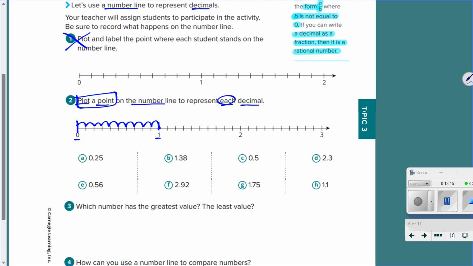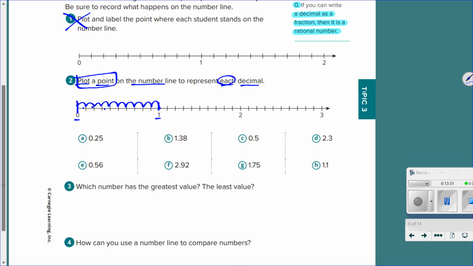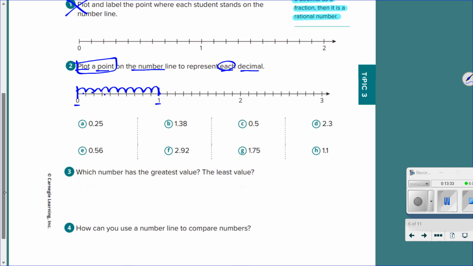You did loops the first time. Last time I just counted 1, 2, 3, so it's a lot quicker. But Miss McShann was like, you should use loops. They just show you moving that many units. So it took me 10 moves to get from 0 to 1.